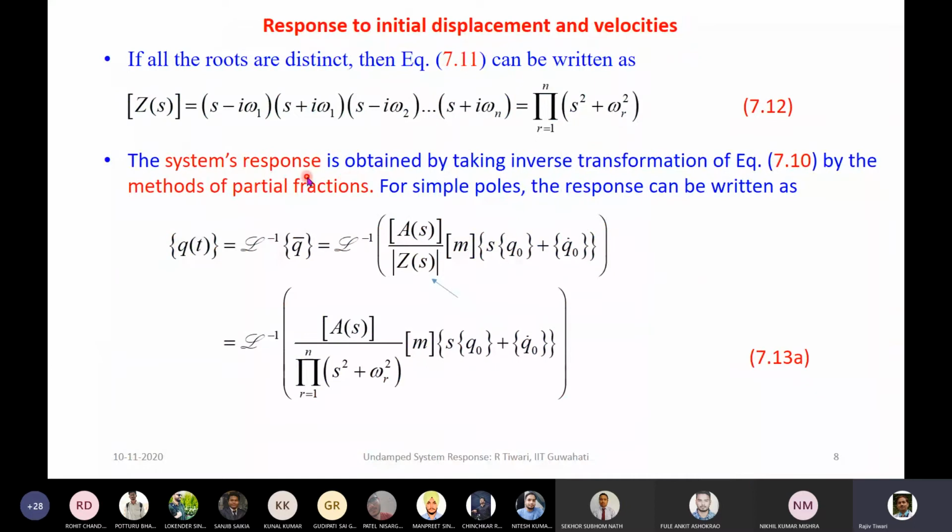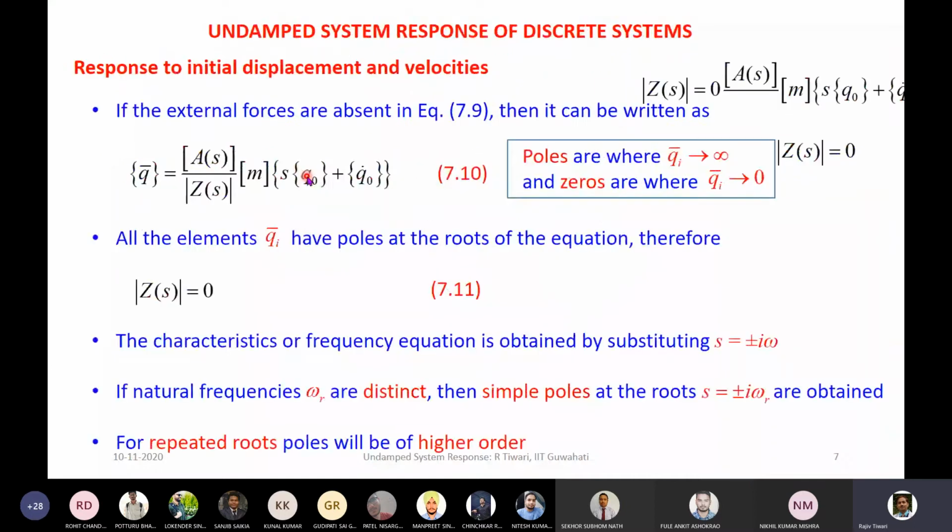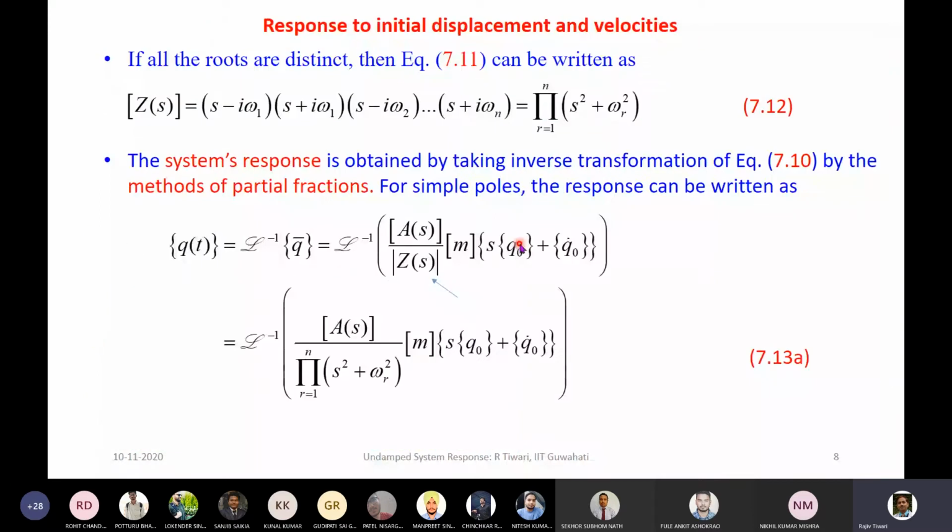Now, as I was mentioning, to get the response in the time domain, we need to do the inverse transform of both sides. We are doing this now because we have a more specific initial condition. This is representing the inverse transform of the Q bar, which is in the Laplacian domain, and Q(t) is the time dependent response.